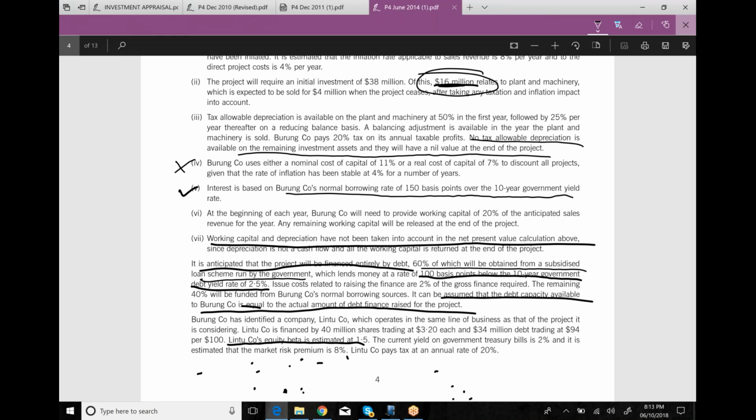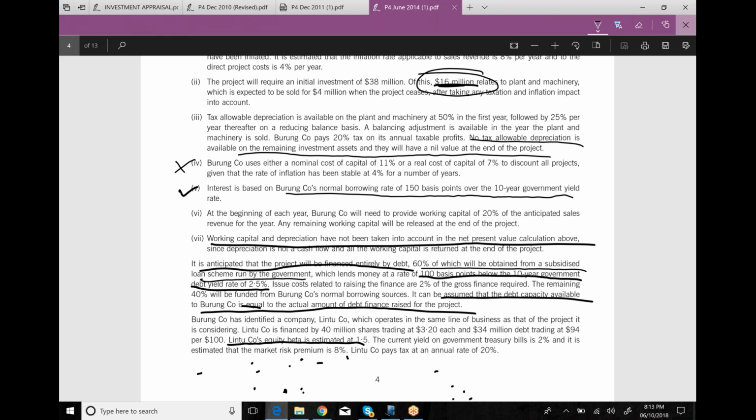Then can you see the government is giving you a subsidized loan. So the second condition is also fulfilled. I can see a subsidized loan over here. So 60% of which will be obtained from the subsidized loan, which is only available on 60% of the finance required.